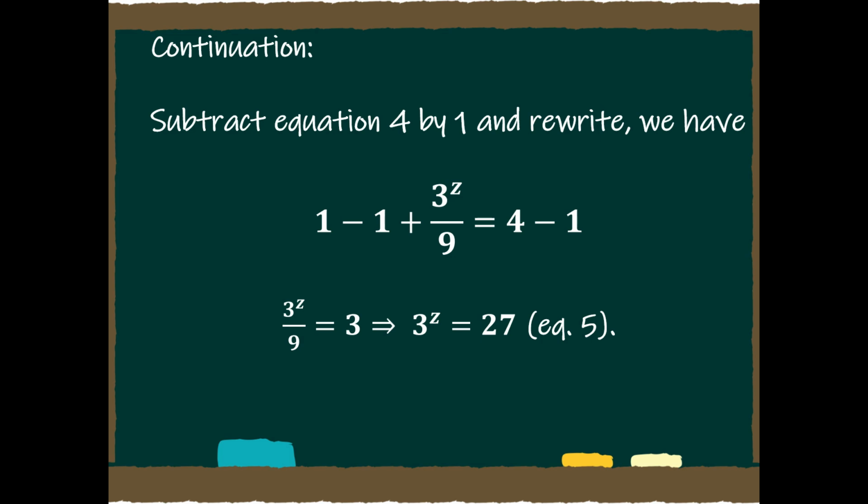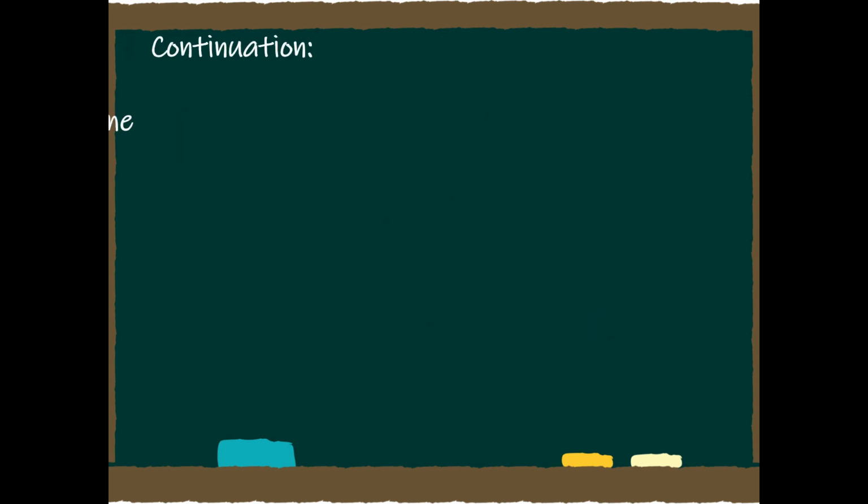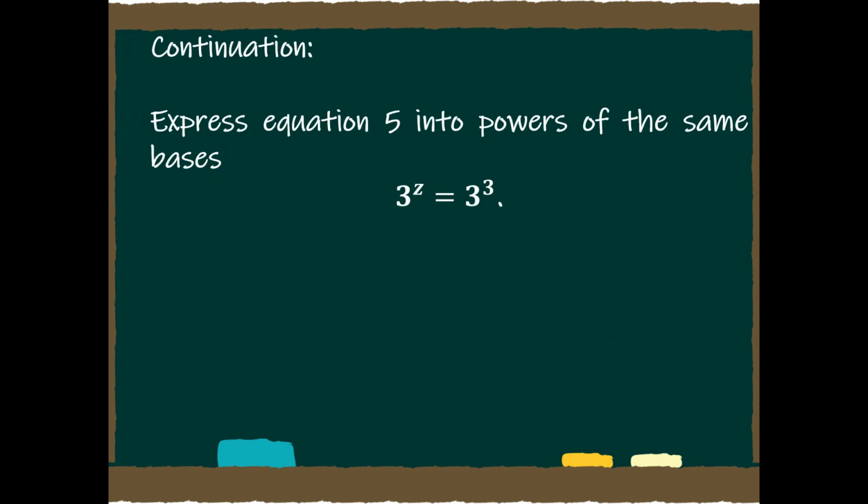Again, to free the left side of the denominator, you have to multiply both sides by 9. So you get 3 raised to z equals 27. And this 27 can be written as 3 cubed.